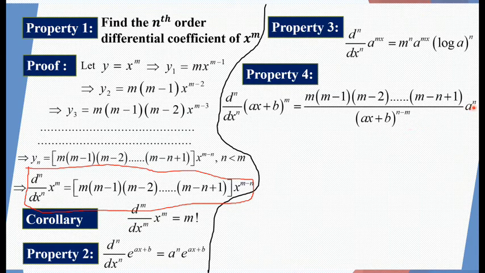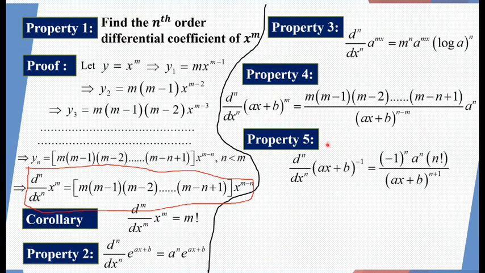If we take it in the product, then it will be ax plus b power m minus n. So we can write it in the denominator or in the numerator also. So how to get it? Again by the successive differentiation. So try it.